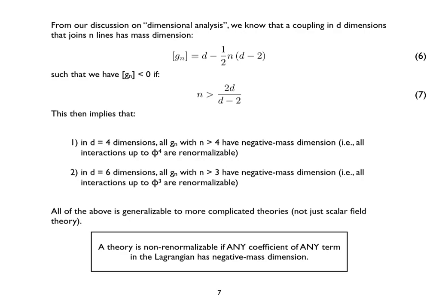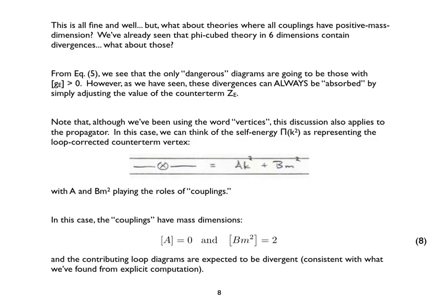It's not telling you that the theory is garbage. It's just telling you that you have to cut it off somewhere. You're not going to be able to integrate over all momenta, basically.